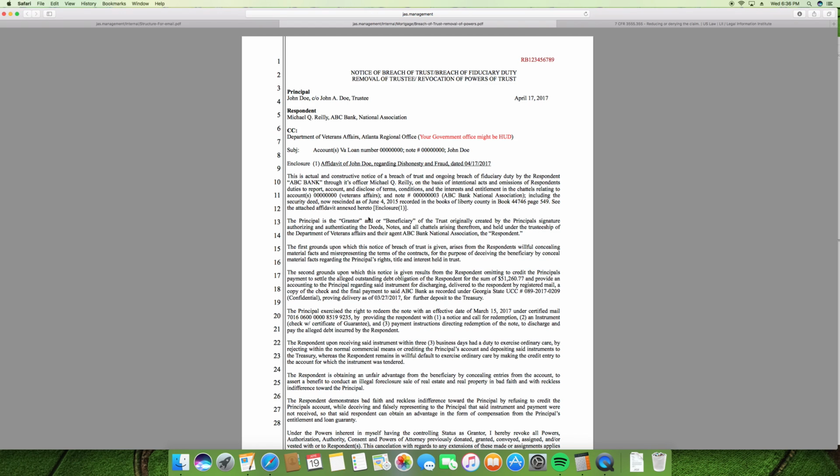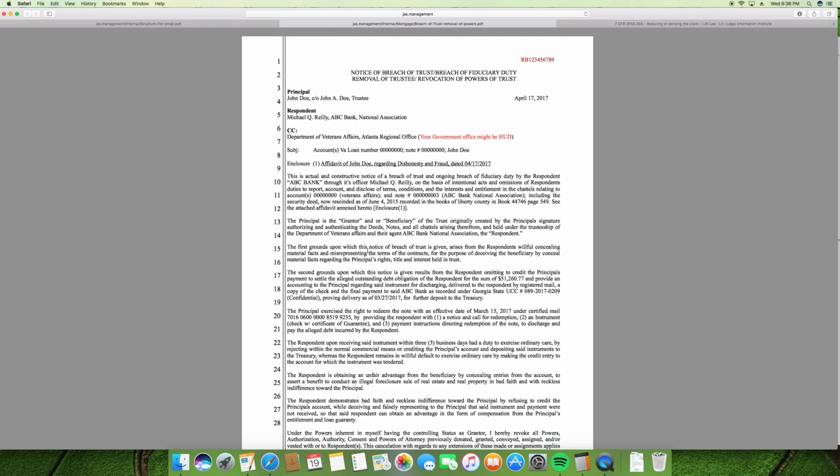The principal, right? The principal is the person I'm acting as the trustee for under appointment, because all his affairs have been mismanaged to this point. The principal is the grantor and/or beneficiary of the trust originally created by the principal's signature, authorizing and authenticating the deeds, notes, and all chattels arising therefrom, and held under the trusteeship of the Department of Veterans Affairs and their agent, ABC Bank National Association, blah, blah, blah.